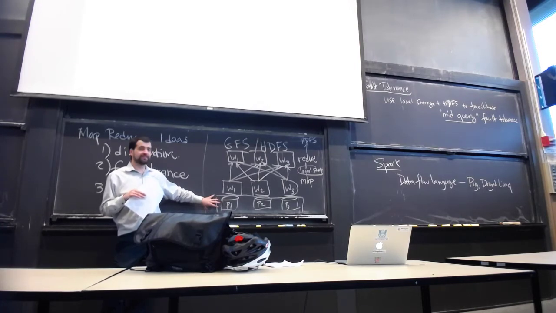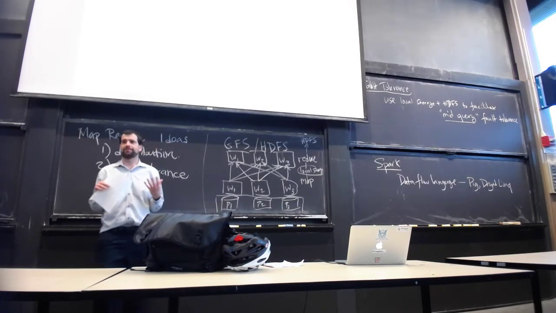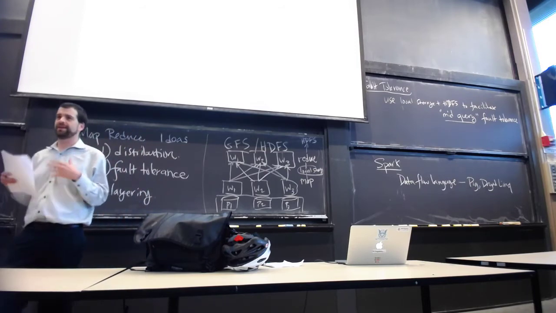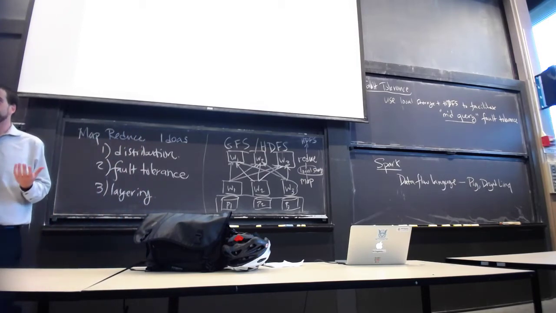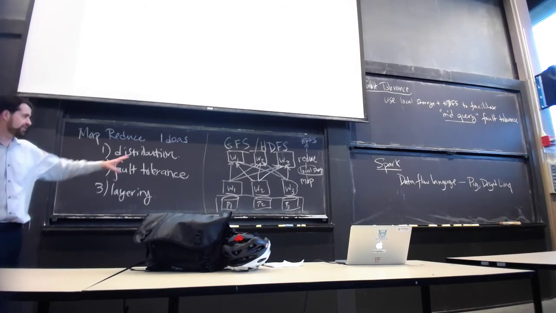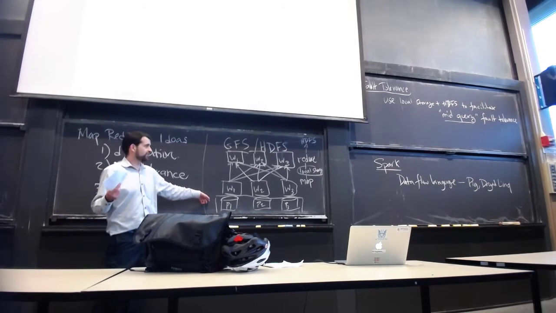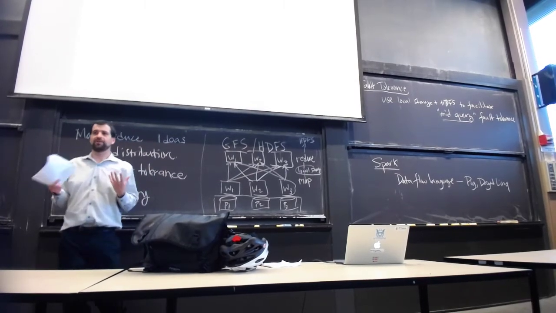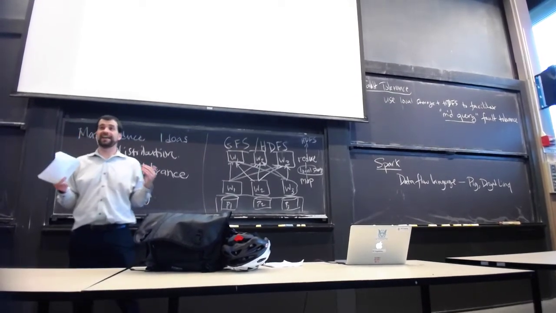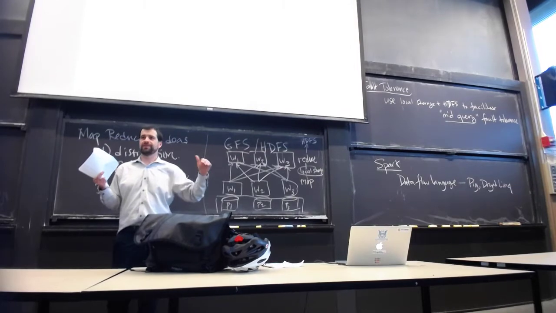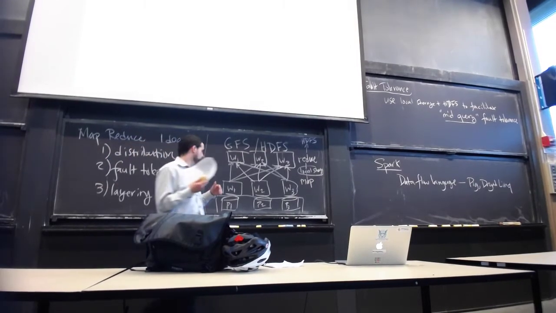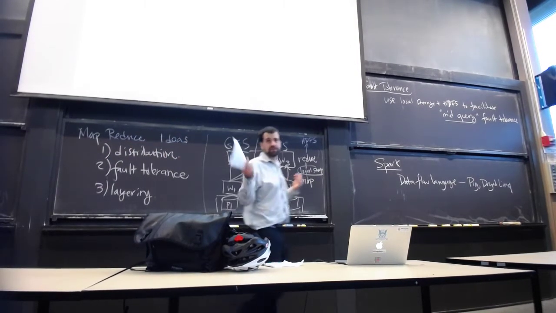So here, they had this GFS system, and by layering on top of GFS, they get all kinds of properties that make it much easier to build MapReduce. They were able to use it to get reliable distributed storage, so you didn't have to think about how to re-implement that reliability layer. They just got that for free from GFS, right? So they did the same thing in Bigtable. Sorry, I should have mentioned that.